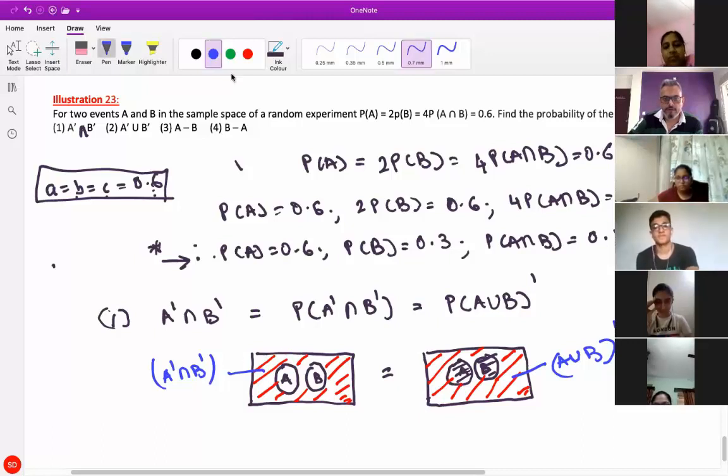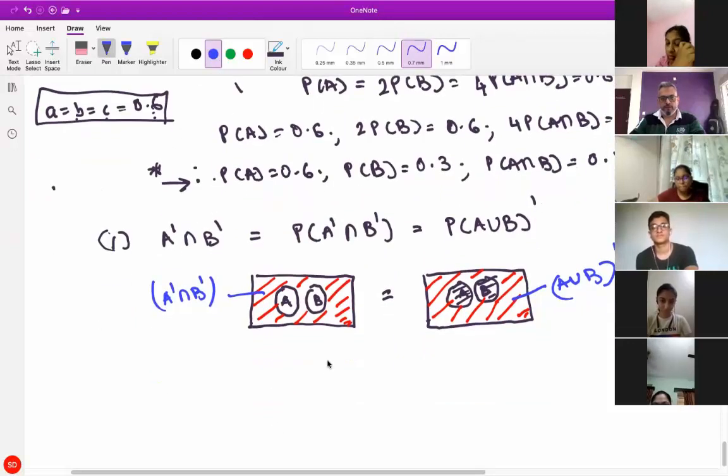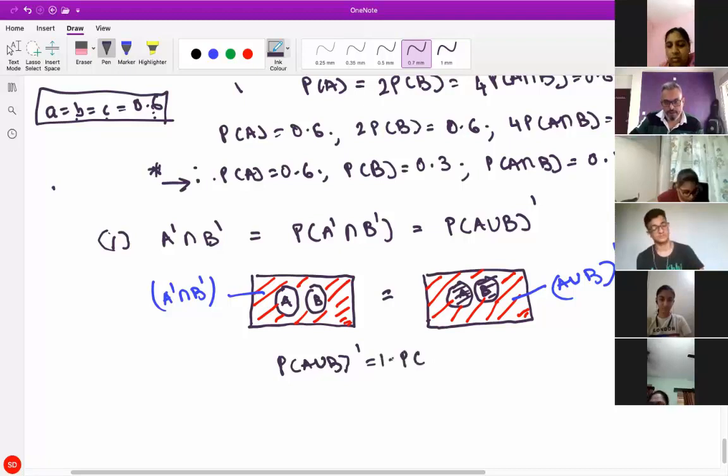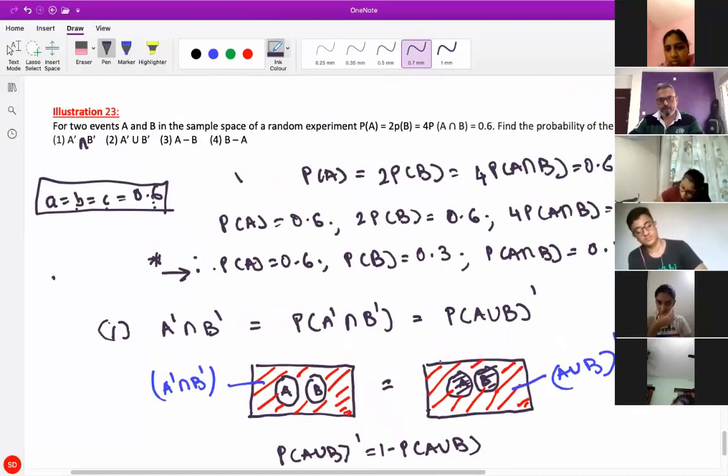So now we use this formula: P of (A union B) complement equals 1 minus P(A union B). What is P(A union B)?